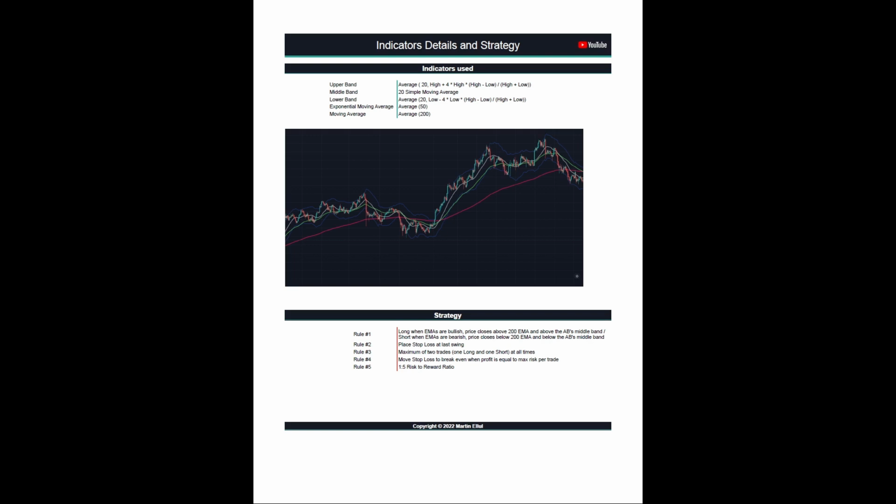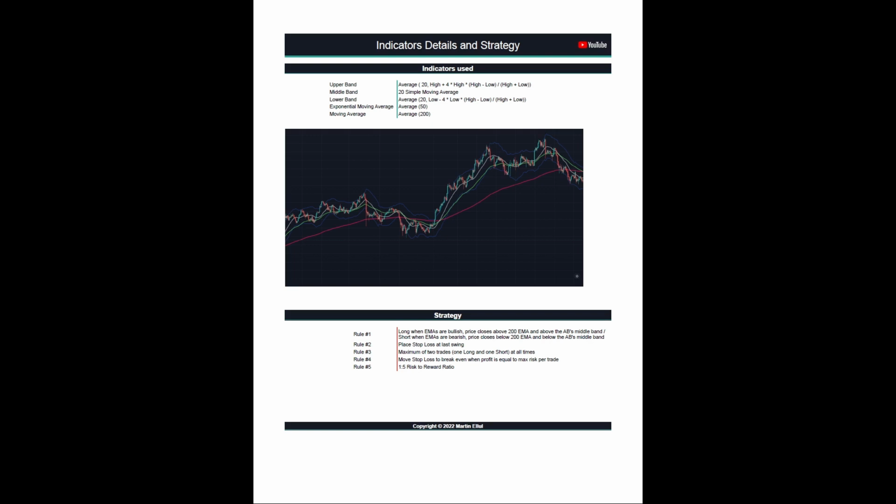These bands are plotted around a simple moving average as the midpoint, and the upper and lower bands are of equal distance from the midpoint. This indicator possesses three formulas. For the upper band, it is the average of the last 20 bars and the highest price of the current bar plus 4 times the highest price times the highest minus the lowest prices, divided by the highest plus the lowest prices of the current bar.